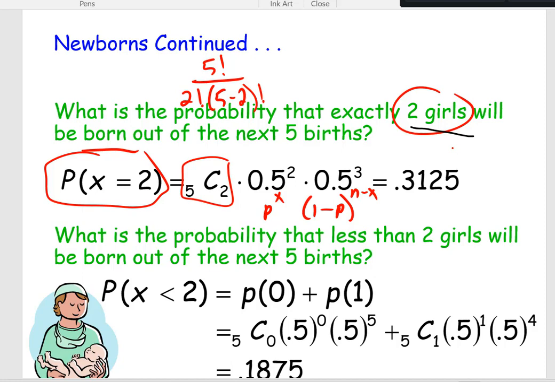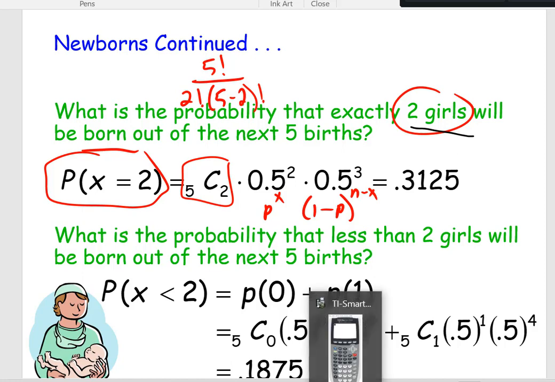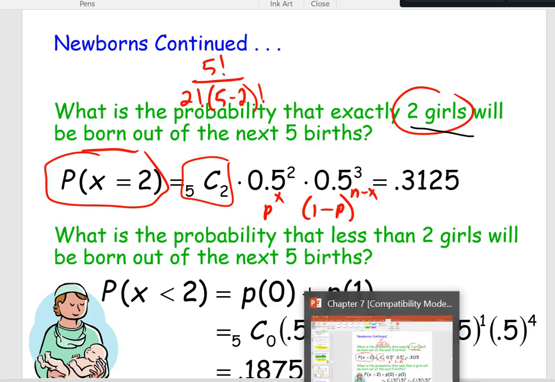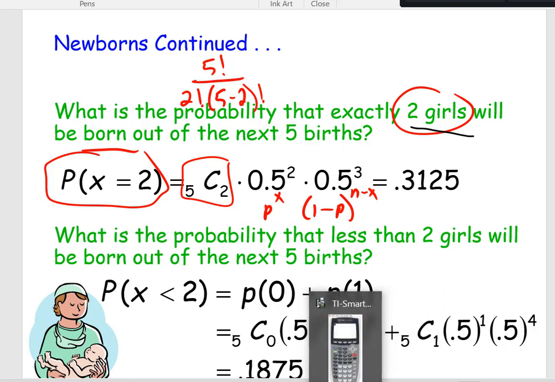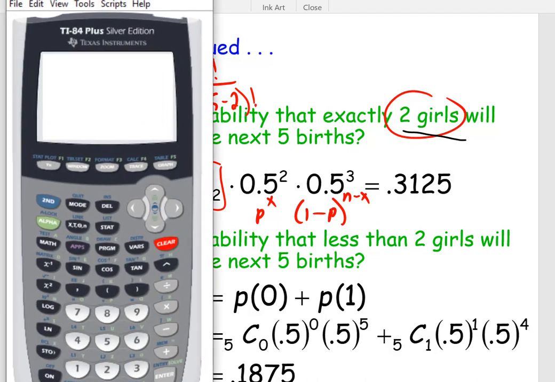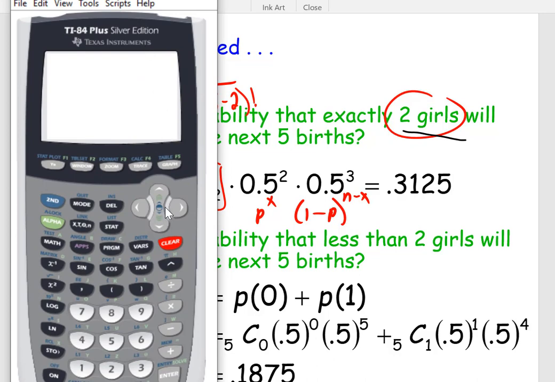So we calculate that all out. I'm going to pull up the calculator here. Change my viewing window for just a second. Pull my calculator into the window so we can see what's going on. There we go. So I have that 5 factorial on the TI-84. You do 5, then you go to math, probability.